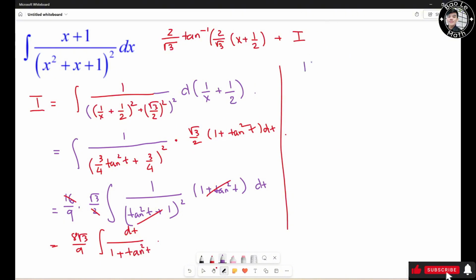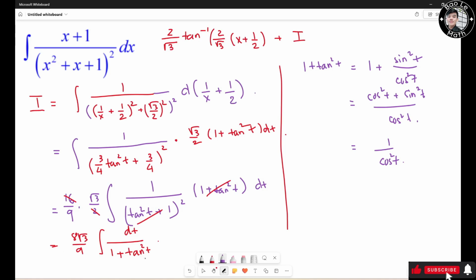Now 1 plus tangent squared of t equals 1 plus sine squared of t over cosine squared of t. So this turns out to be cosine squared of t plus sine squared of t over cosine squared of t, and then this turns out to be 1 over cosine squared of t.